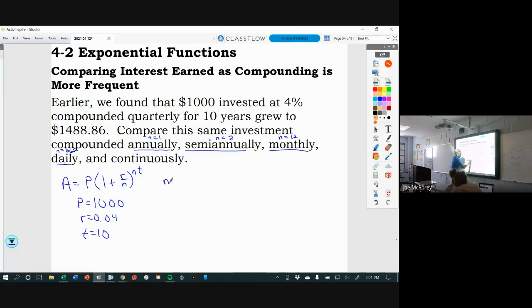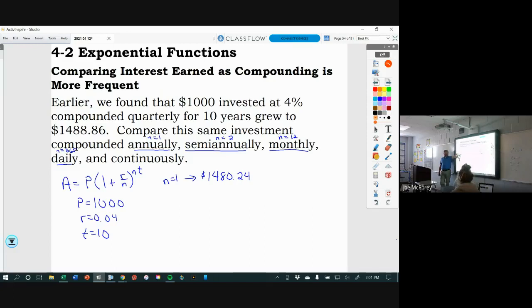So when n equals 1, when we're talking about annually, we will have $1,480.24. That's less than 1488. 1488 was compounded quarterly.